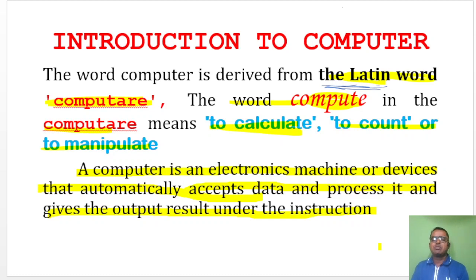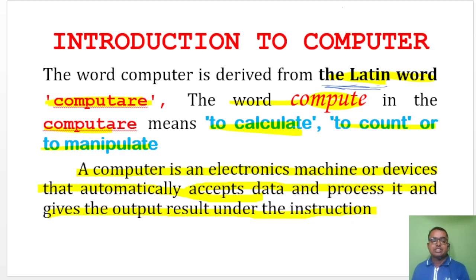It works with direct current. A device which works with direct current is known as an electronic device. It accepts data from the user after giving the instruction and processes that data to give a desired result, that is output, under the instruction provided by the user.